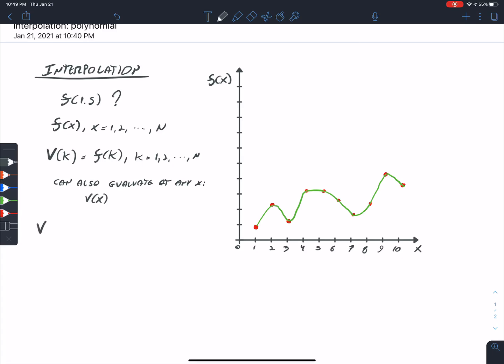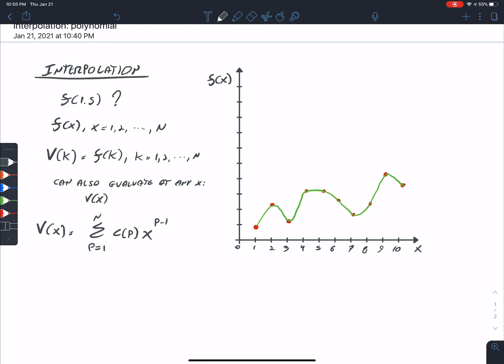For example, v of x will be given by a sum, say from index variable p, p from 1 through n, of some coefficients, which I'll call c of p, right? So the c here will be an array of coefficients times the value x to the power p minus 1, right?